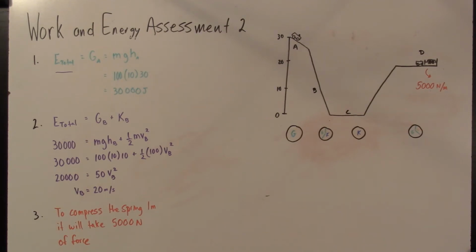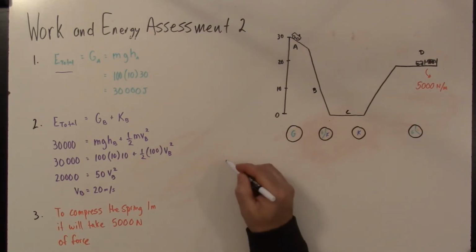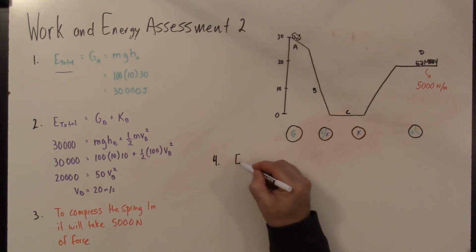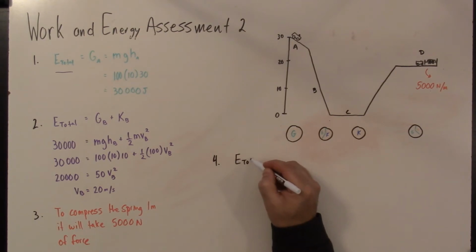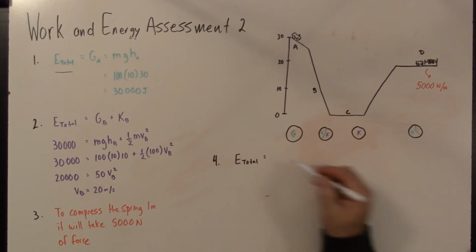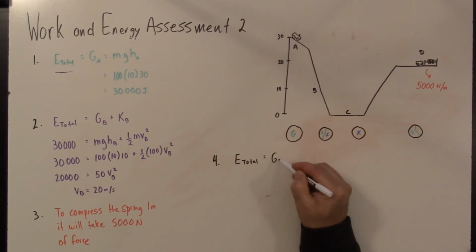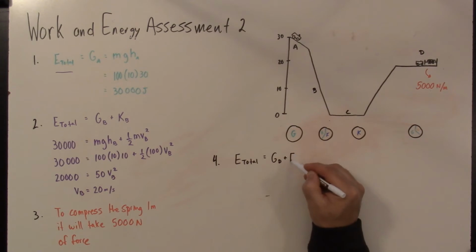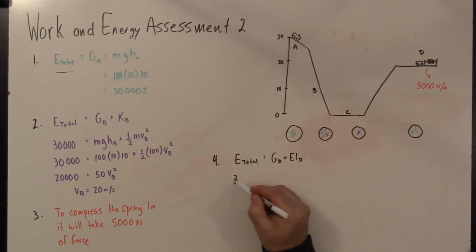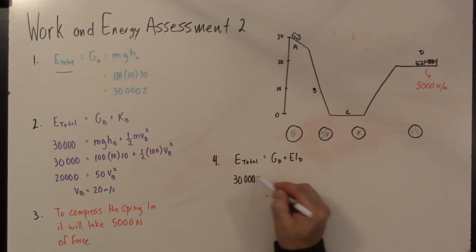Number 4 says, how far is the spring going to compress in this situation here? Well, again, the thing that we know is the total amount of energy. So I know that at D, the total amount of energy is equal to the gravitational energy at D plus the elastic energy at D. So we know that the total amount of energy is still 30,000.